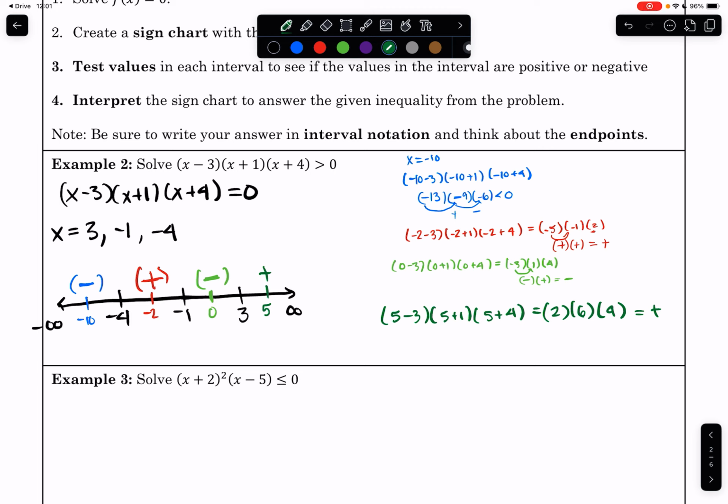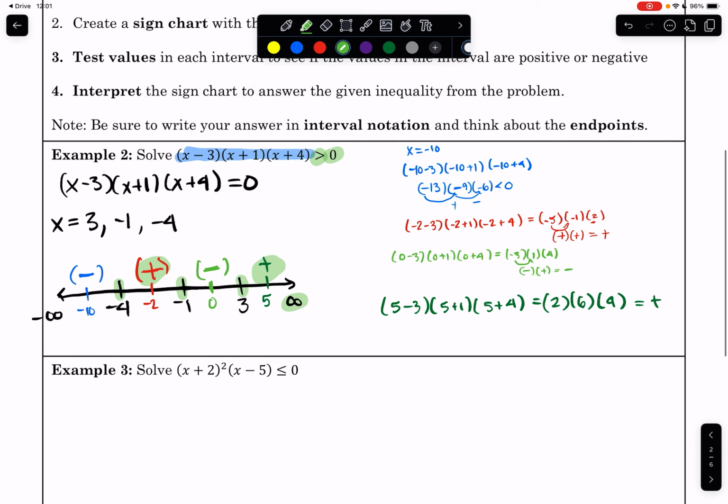So there. Now having figured out what's happening on each part of the interval, where is x minus 3, x plus 1, x plus 4 going to be greater than 0? Well, to be greater than 0, again, positive numbers are greater than 0. So we are going to be greater than 0 between -4 to -1, and then from 3 all the way to infinity.